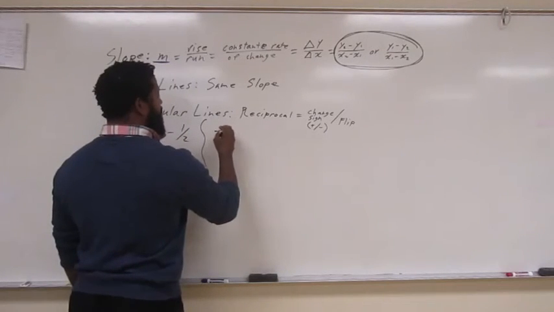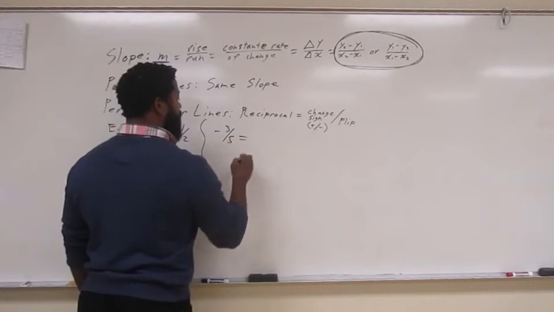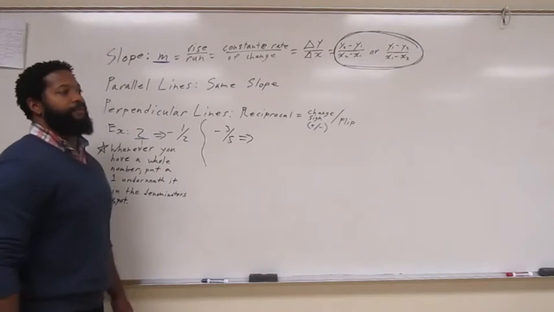Negative 3 over 5. Burns, what's the reciprocal of negative 3 over 5?